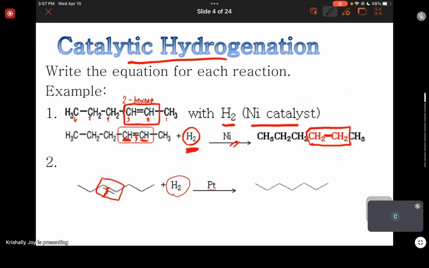Kasi by omitting or breaking the pi bond here, automatic na may mga imaginary hydrogens nang being added. Okay? So kapag you encounter catalytic hydrogenation na skeletal formula yung binigay ng alkenes, i-erase nyo lang yung double bond, yung pi bond.